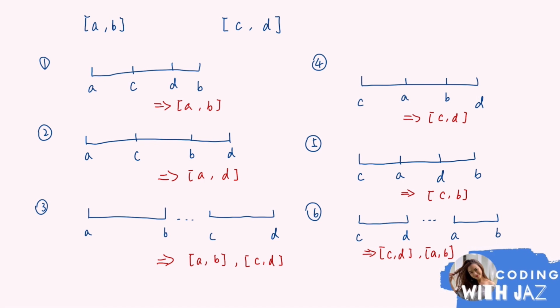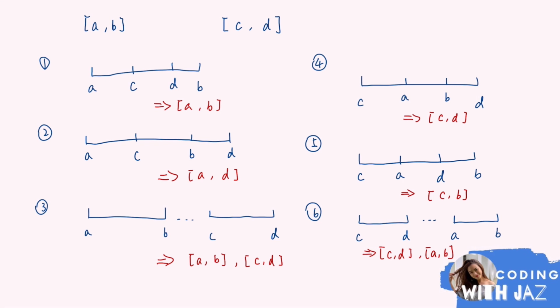And from this graph, we can see that on the left-hand side, scenarios 1 to 3 are based on one condition, which is when the starting point of the first interval is less than the starting point of the second interval.